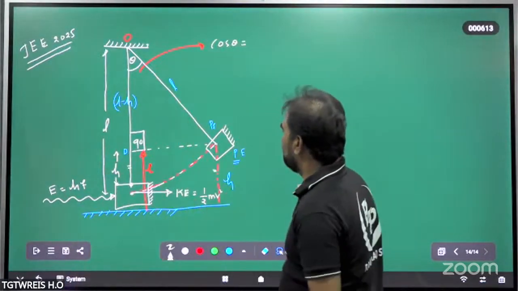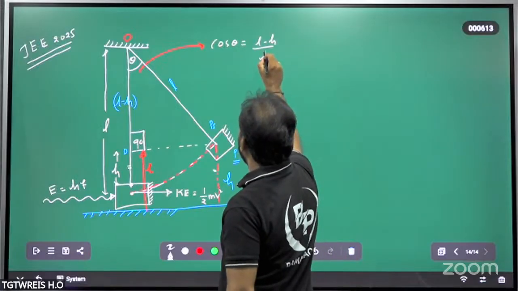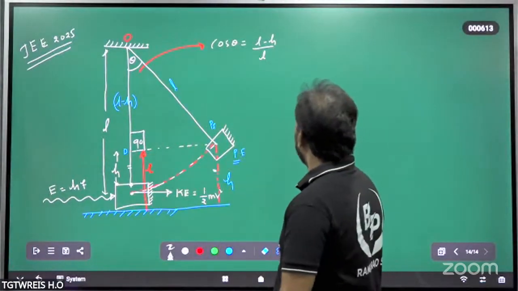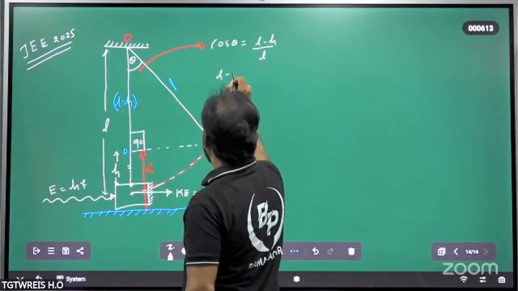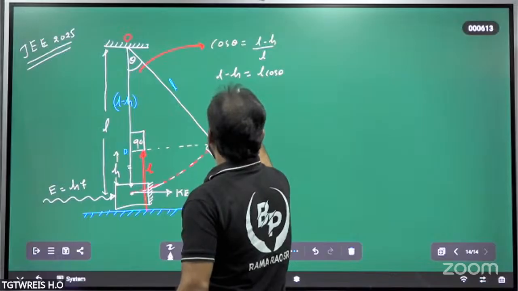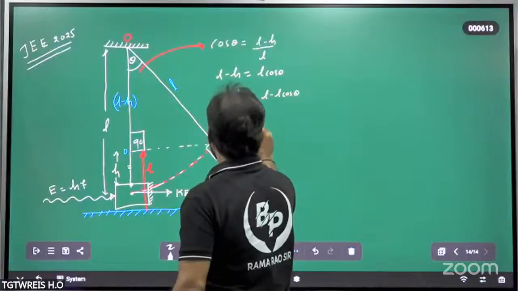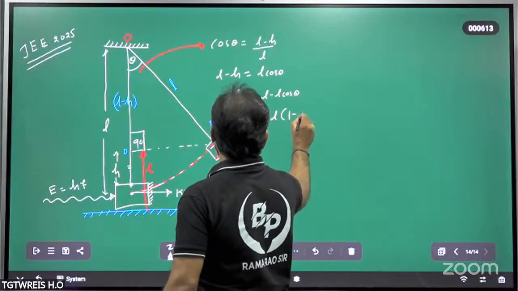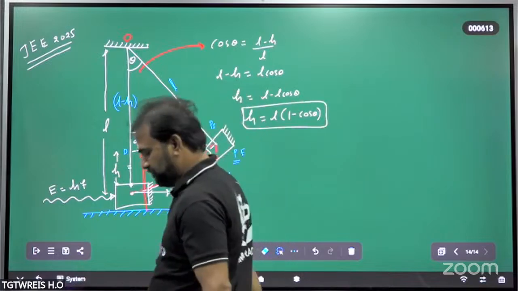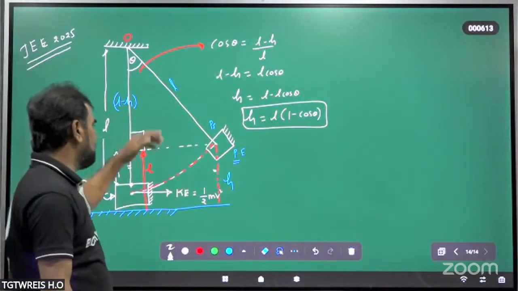Cos theta equals L minus h upon L. So L minus h is equal to L cos theta, hence h is equal to L minus L cos theta. H is equal to L into (1 minus cos theta). This much height it was raised.